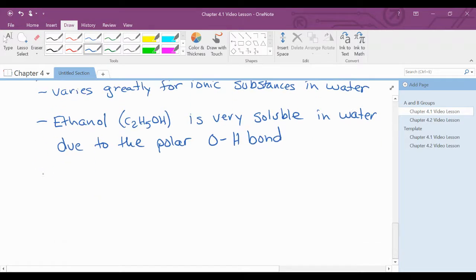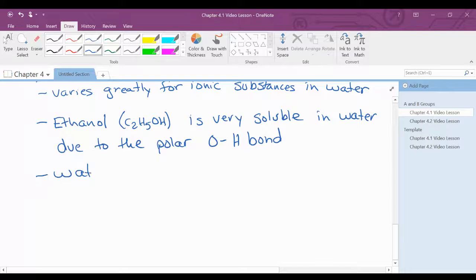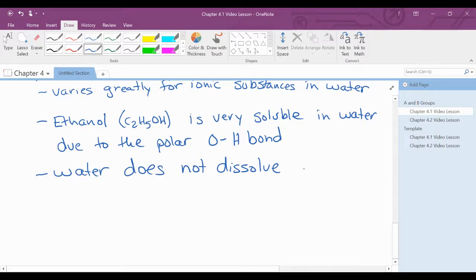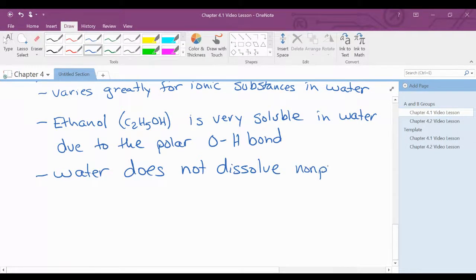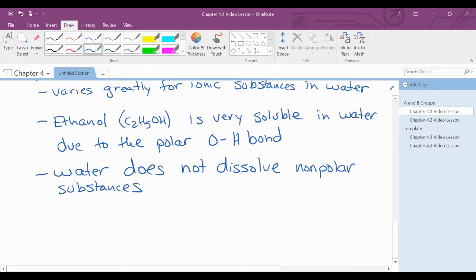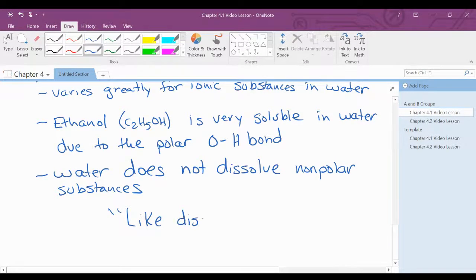Water does not dissolve nonpolar substances. So fats will not dissolve in water. So I always like the saying, like dissolves like.